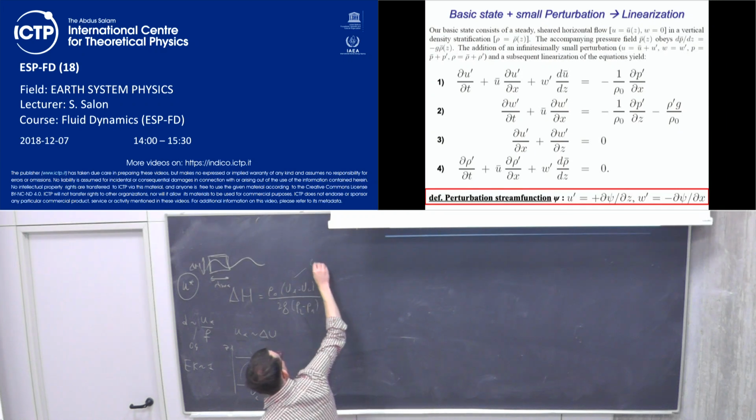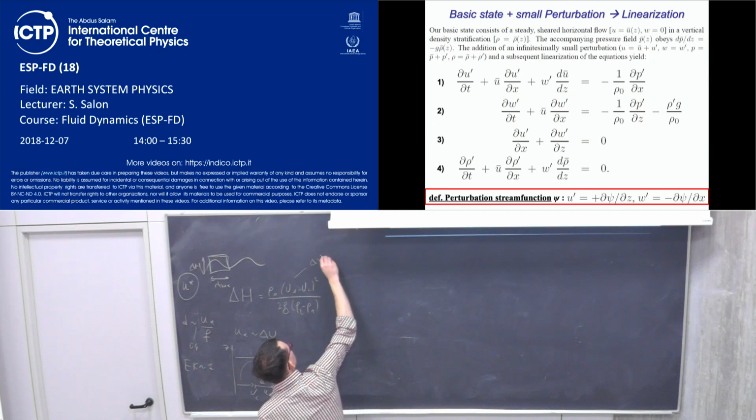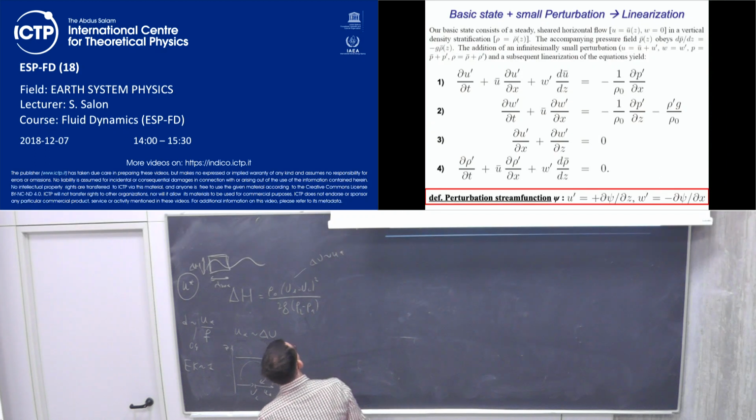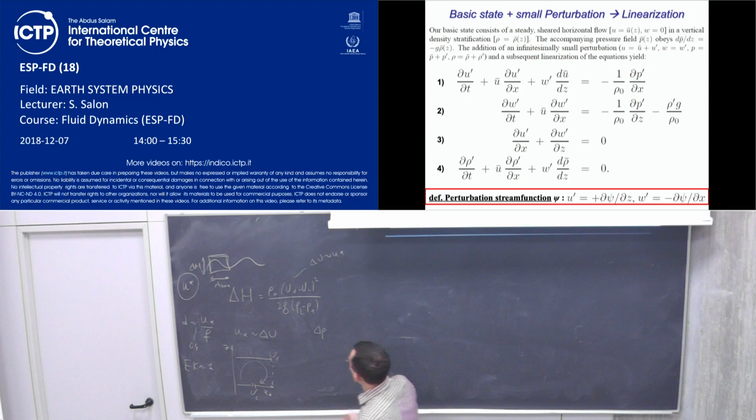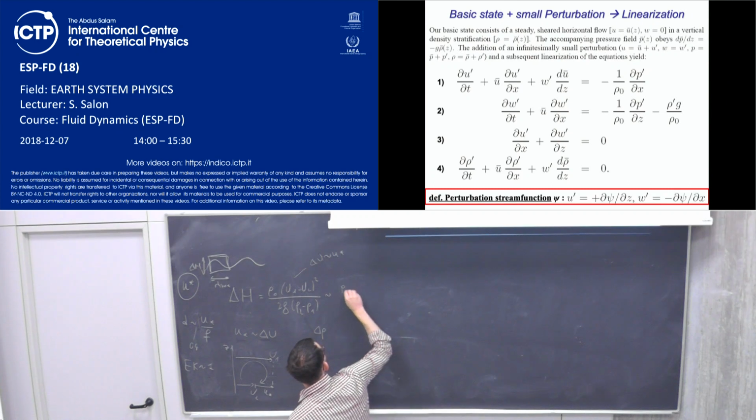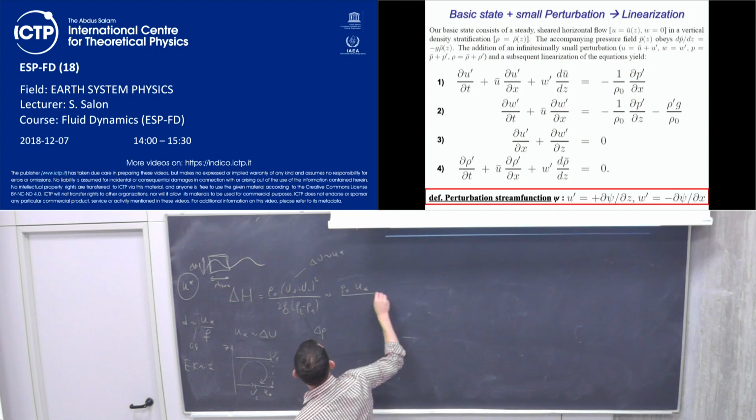So this delta U will scale like U star. And this will be our delta. So we can say that this is rho 0 U star squared over g delta.